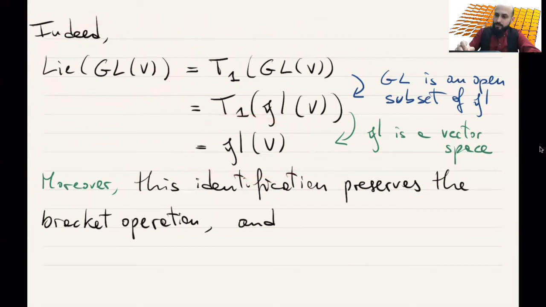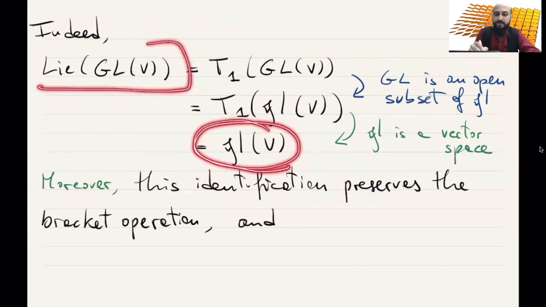And moreover, let me clarify how an element in a small GLV induces really a left invariant vector field.